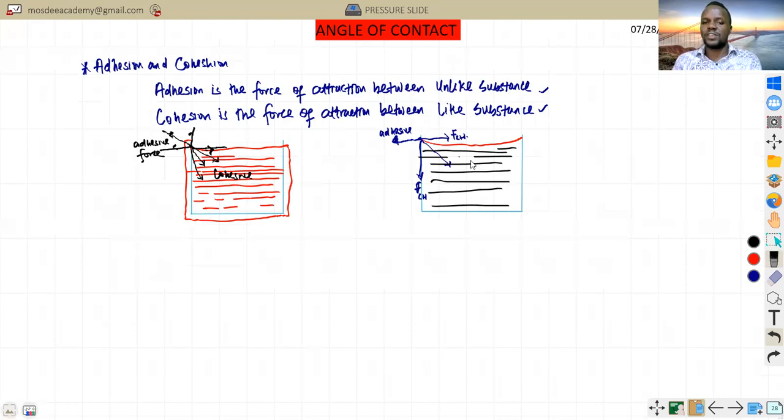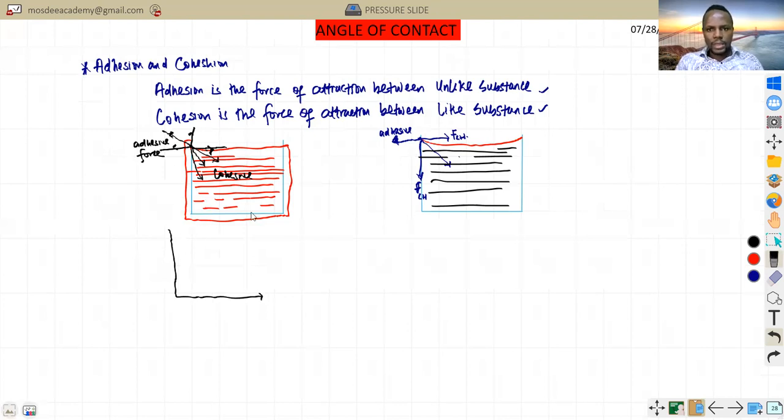To understand how the shape will look, let me quickly explain it in this diagram. For the first case, if the horizontal cohesive force is greater than the adhesive force, you can see the direction of the cohesive force is inward. Diagram not done to scale; I just want to bring out something for us to understand.